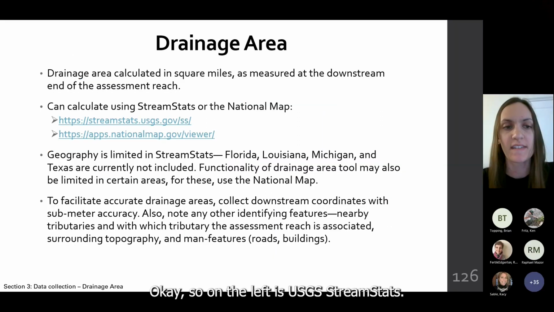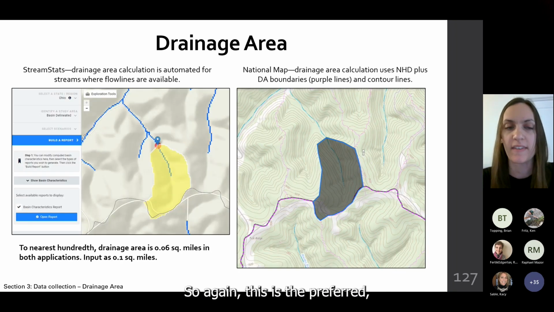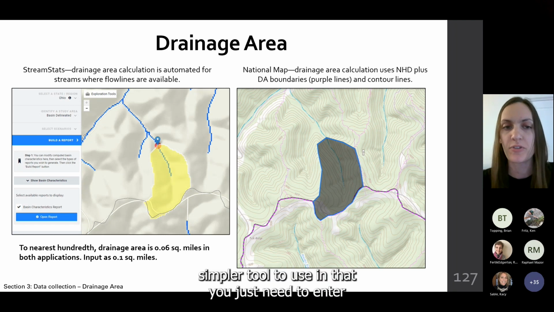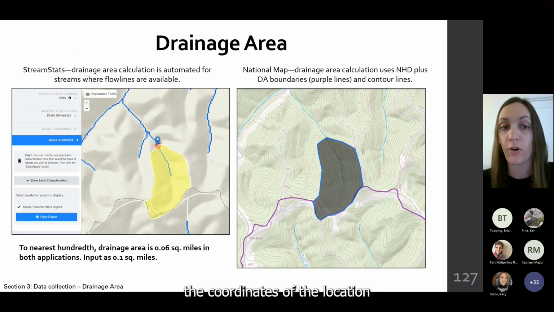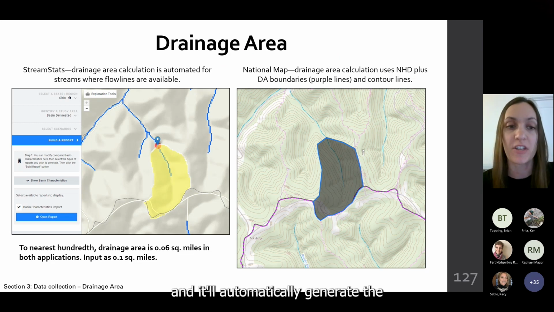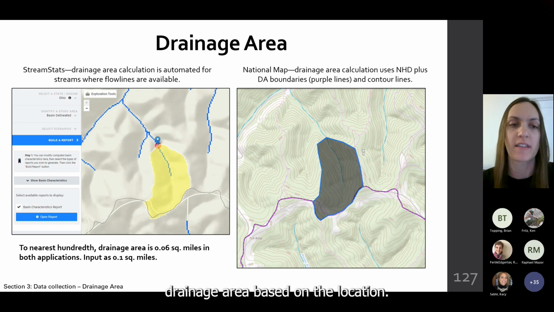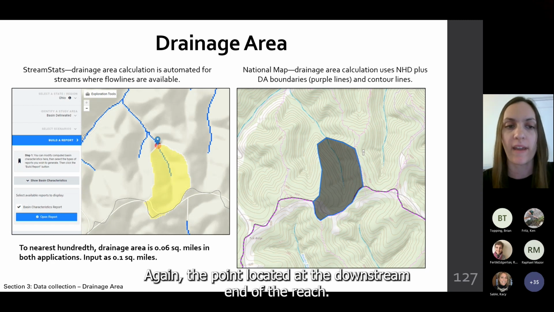Okay, so on the left is USGS StreamStats. Again, this is the preferred, simpler tool to use in that you just need to enter the coordinates of the location, and it'll automatically generate the drainage area based on the location. Again, the point is located at the downstream end of the reach.